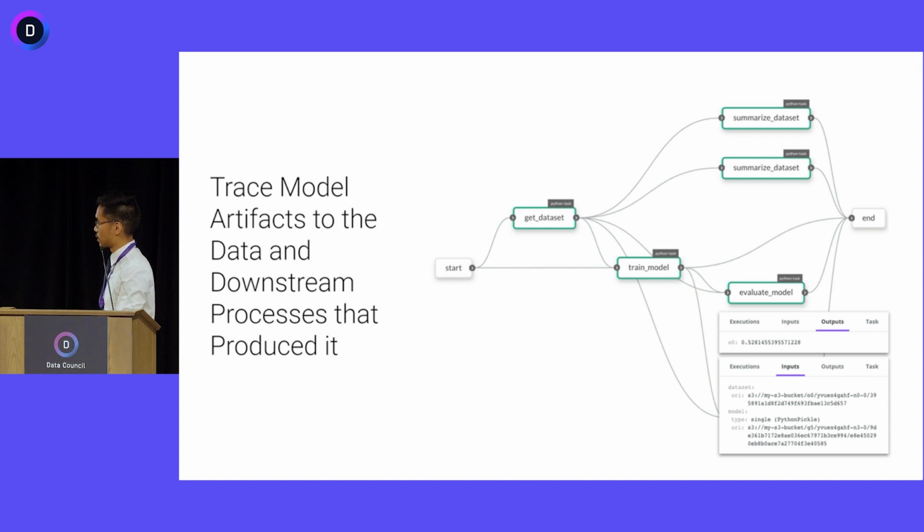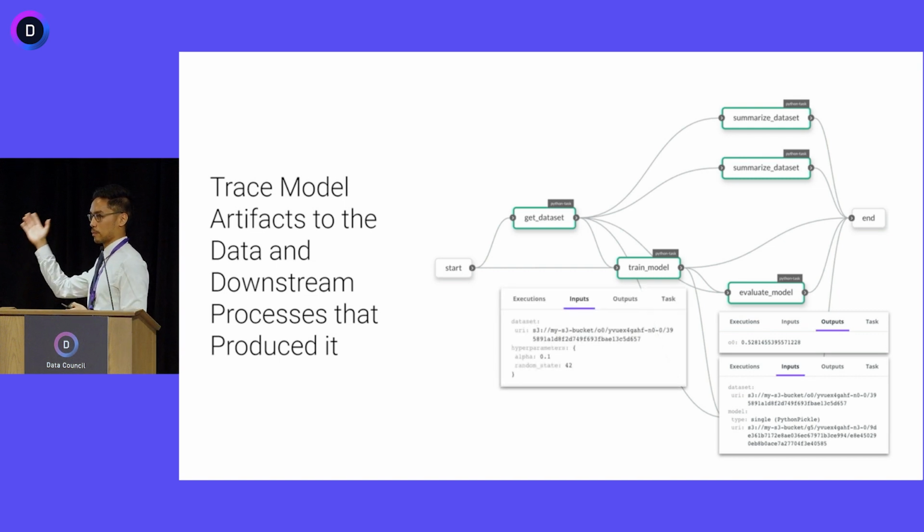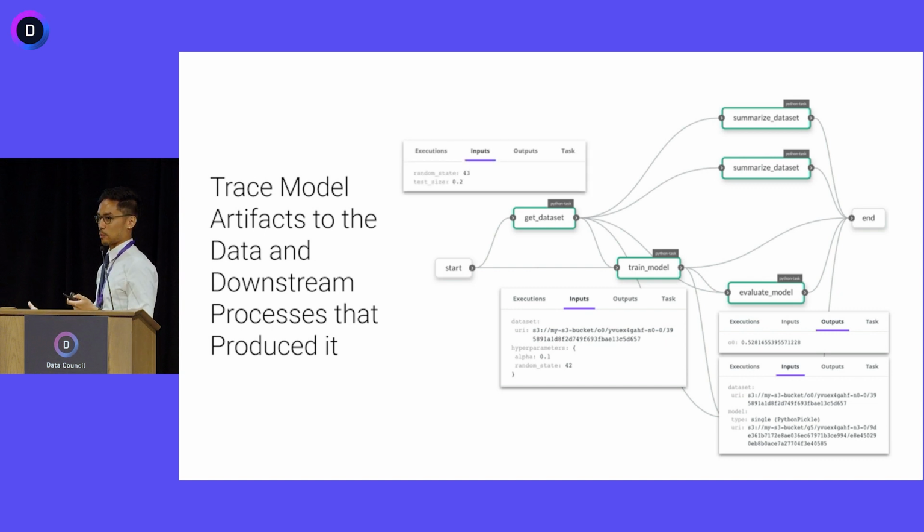So this is the trainer test partition. This is the model, and this is the S3 path that stores these artifacts. And I can go upstream into the upstream processes and do the same thing, inspect the inputs and outputs, see what parameters produced the data set, etc.